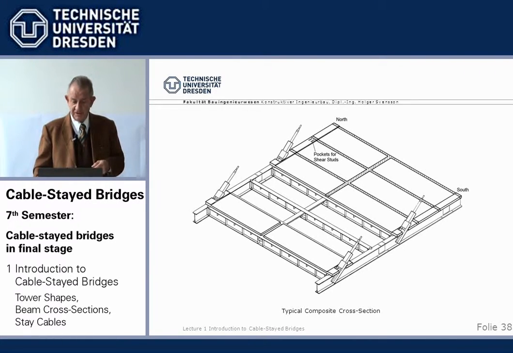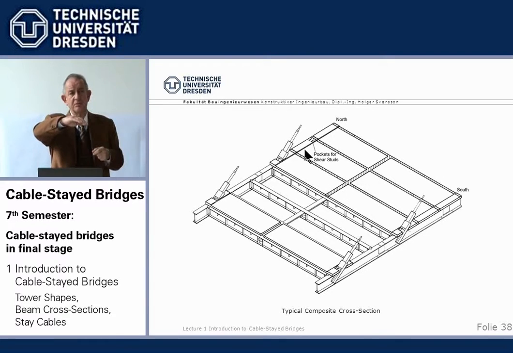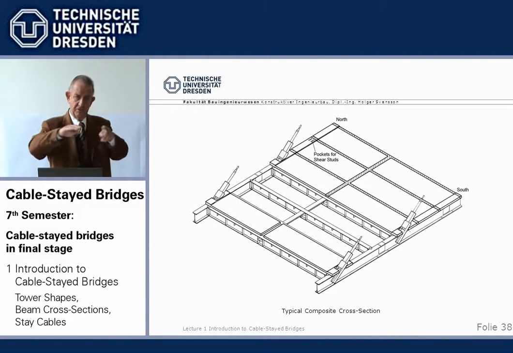And in transverse direction, if we use two cable planes, then the beam in between the cable planes acts like a simply supported beam with a bending moment which causes the concrete as top flange of the cross girders to be in compression.